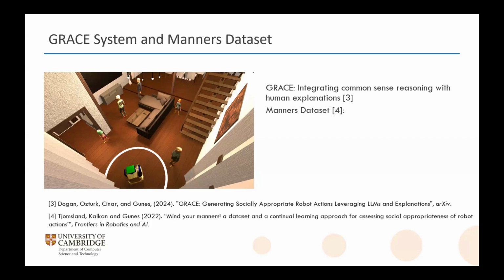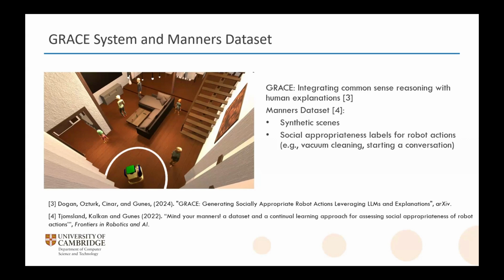In the GRACE system, we use the MANNERS dataset, and this scene is actually taken from the MANNERS dataset. It includes some synthetic scenes and the social appropriateness of robot actions, such as vacuum cleaning, starting a conversation. Basically, humans annotated each of these scenes based on the social appropriateness of the actions.